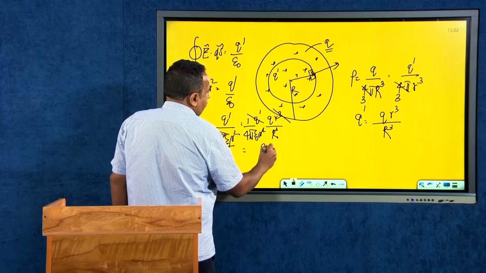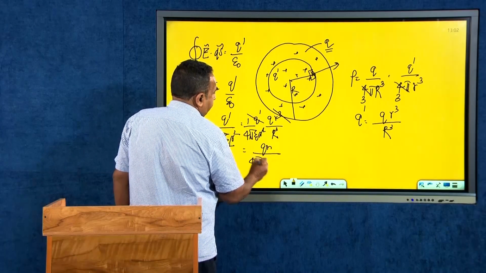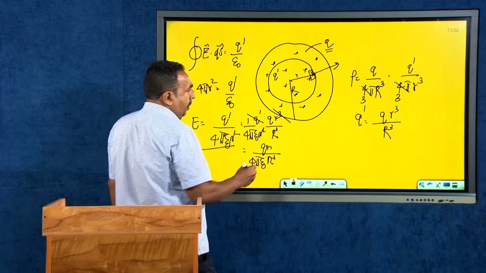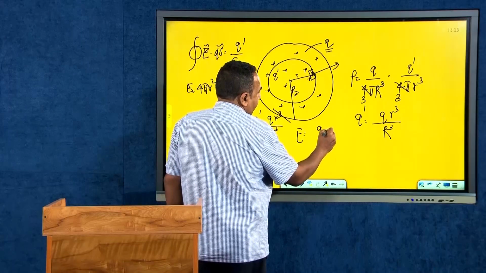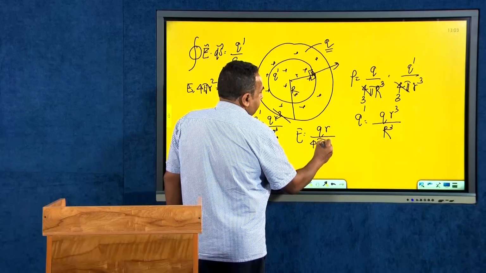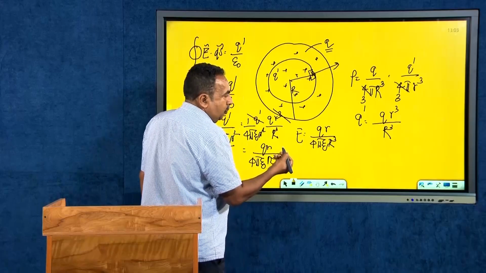It becomes q r divided by 4 pi epsilon 0 r cube. Therefore, the electric field inside a sphere at a point r is given by q r divided by 4 pi epsilon 0 r cube. I can rewrite this expression once again.